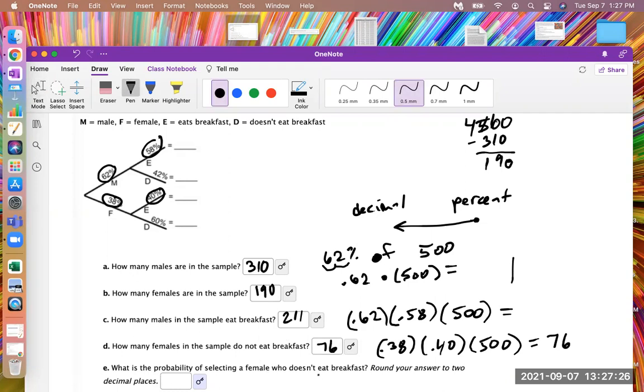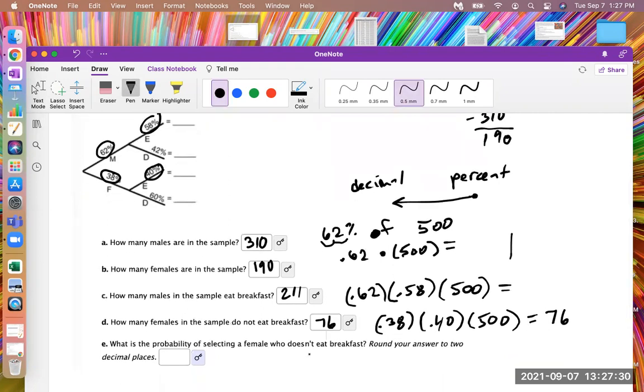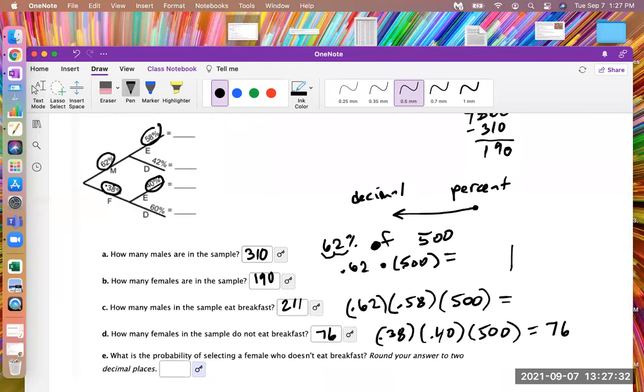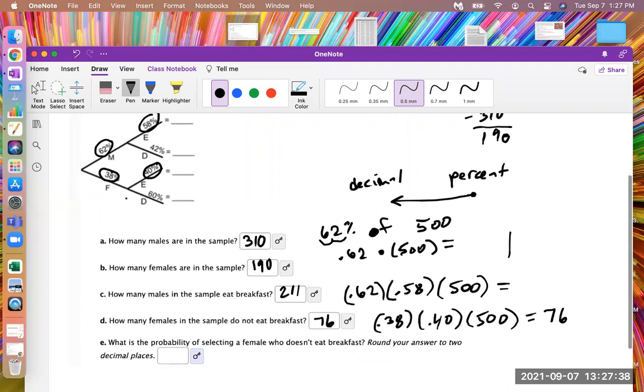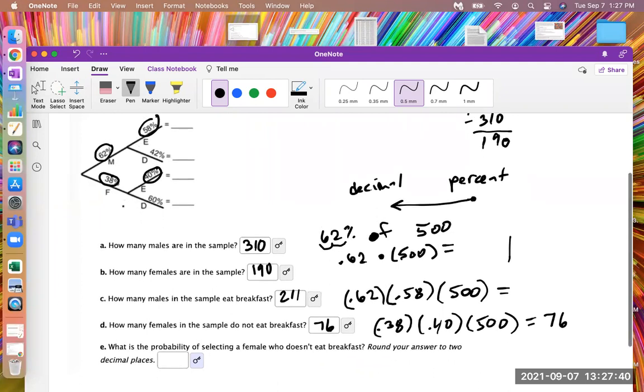Then what is the probability of selecting a female who doesn't eat breakfast? Now they are giving you the relative frequency of males and males that don't eat breakfast and all this. So it is the same as the probability. So what is the probability of selecting a female who does not eat breakfast? So I would just take these two and multiply those together, and that's our answer.